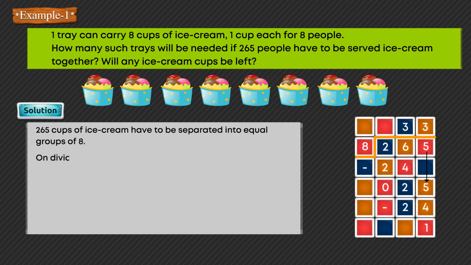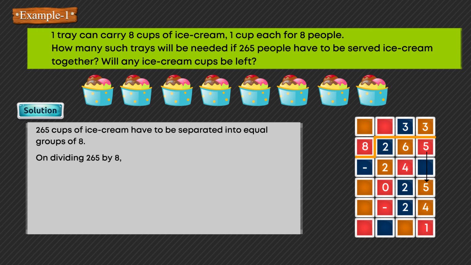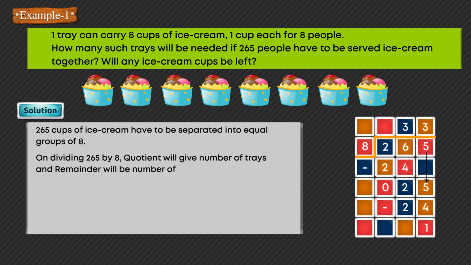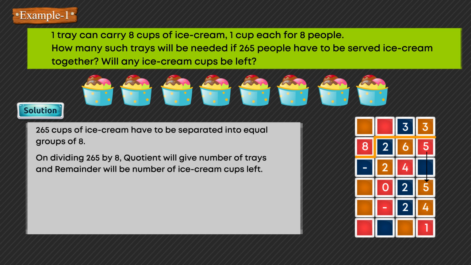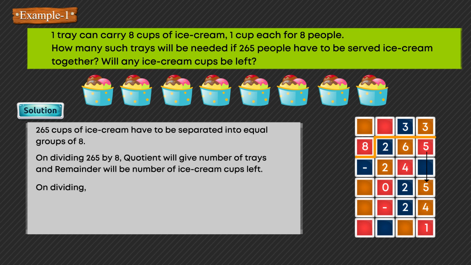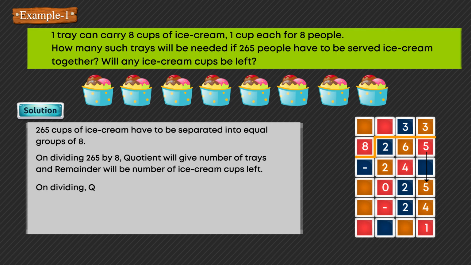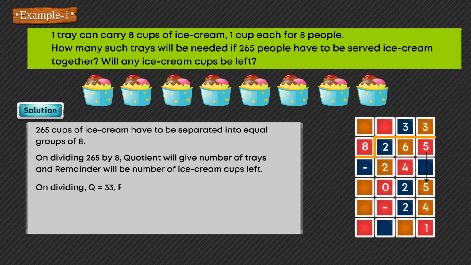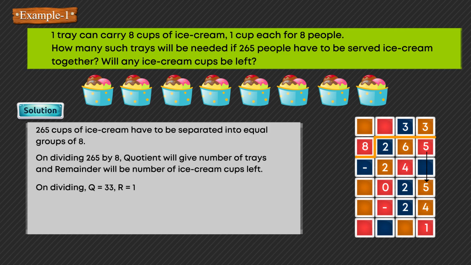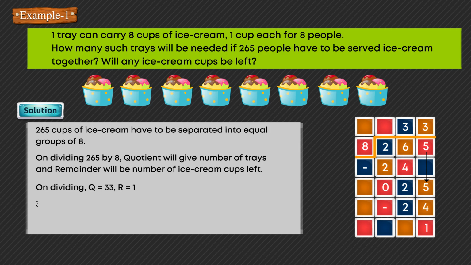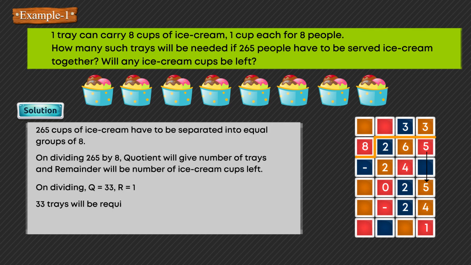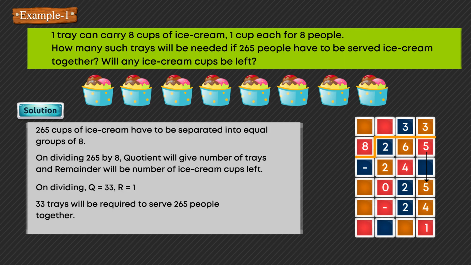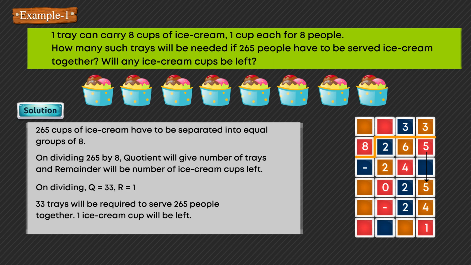On dividing 265 by 8, quotient will give the number of trays and remainder will be the number of ice cream cups left. On dividing, quotient is equal to 33. Remainder is equal to 1. 33 trays will be required to serve 265 people together. 1 ice cream cup will be left.